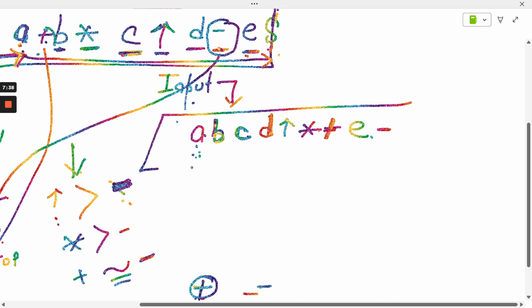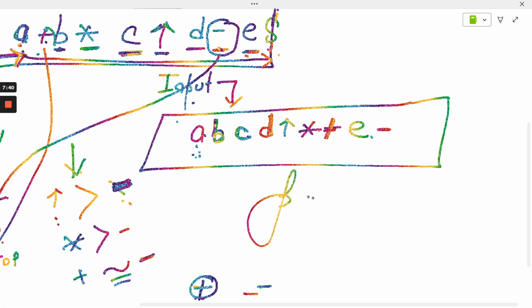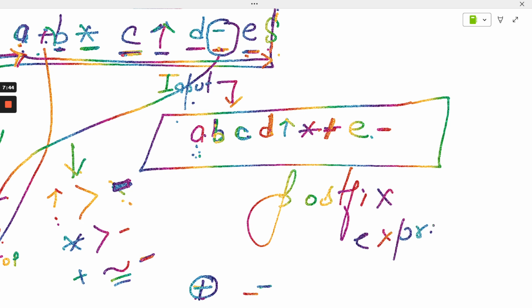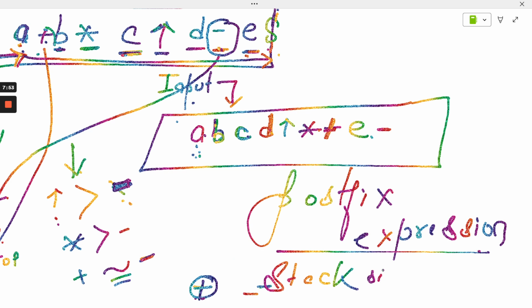So this becomes our postfix expression. If you ask what the stack size will be for evaluating this, it will be equal to 3.